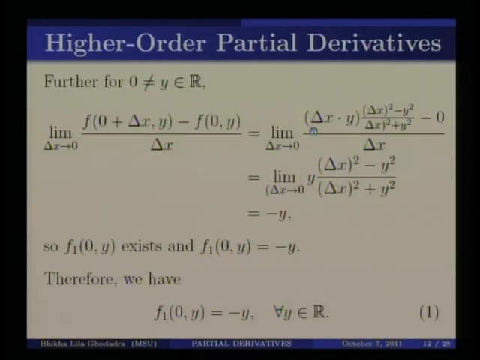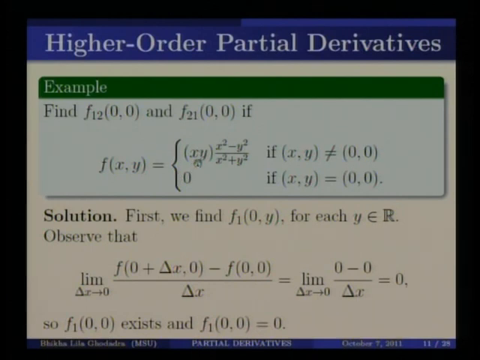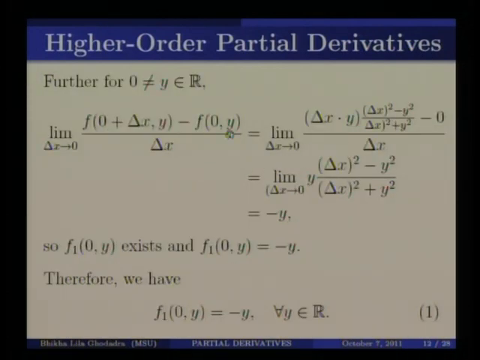So here it should be delta x into y into (delta x squared minus y squared) upon (delta x squared plus y squared), minus f at (0, y). Again we look at the definition: because of the product xy, when either of the two is 0, the function has the value 0. Here x is 0, since we are looking at f at (0, y), so that value will be 0, all divided by delta x.